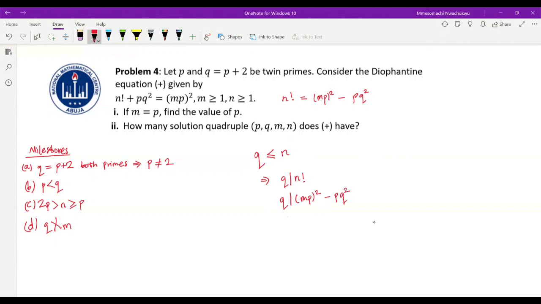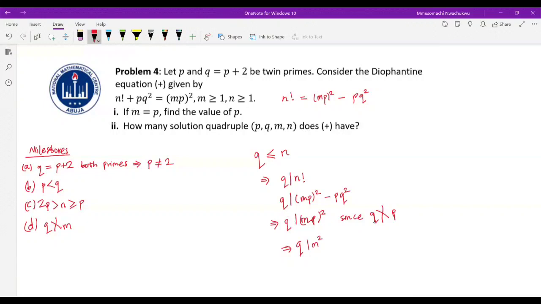So now it means q divides m squared p. Since Q and P are prime, Q does not divide P. So it implies that Q divides M squared.